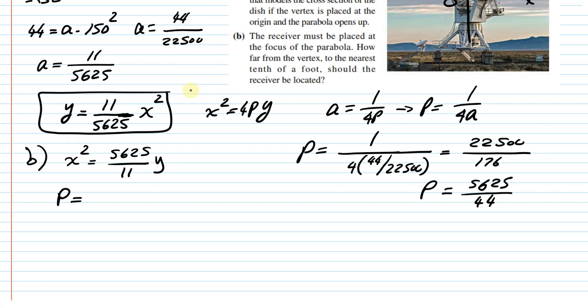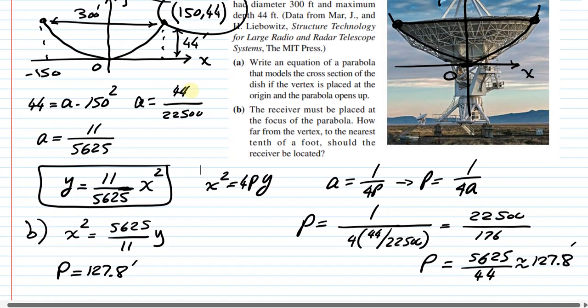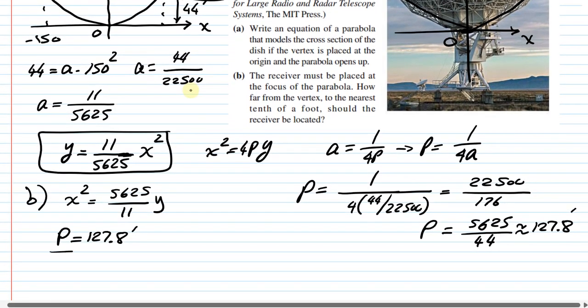And p turns out to be, if you approximate this on a calculator, I get 127.8 feet rounded to the nearest tenth of a foot. So that's the answer. The receiver must be placed at the focal point, almost 128 feet in front of the vertex. That's the answer to part B of this question.